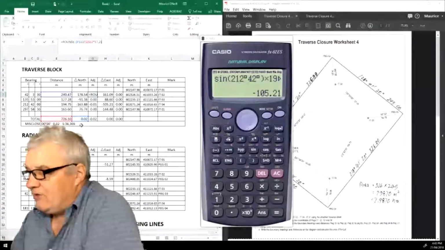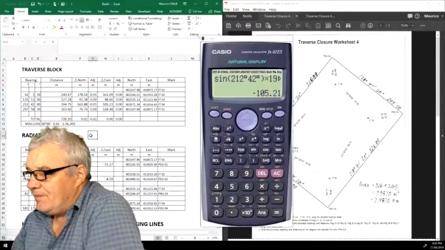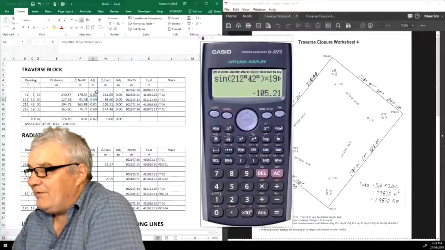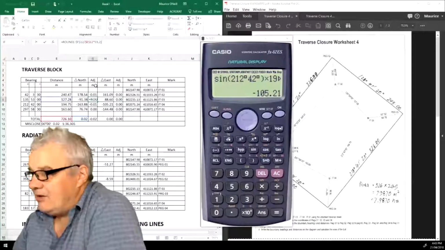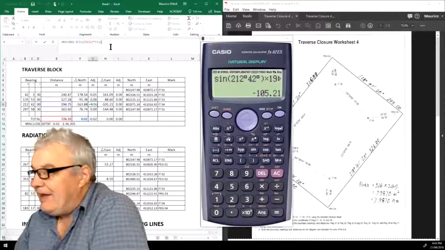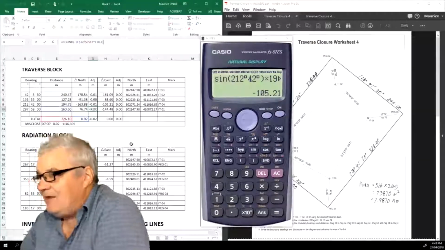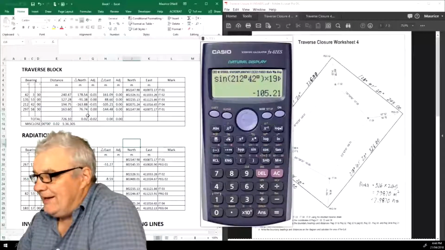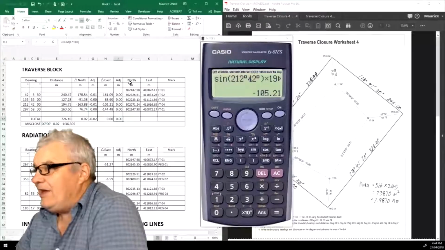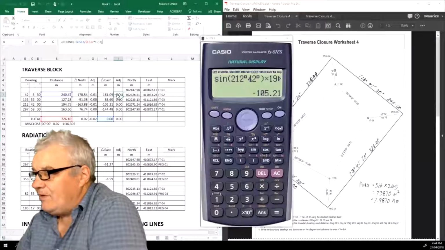You can see how it goes there, that one there, and this one here. And they should add up and be equal. Same over here with the eastings. Same deal.